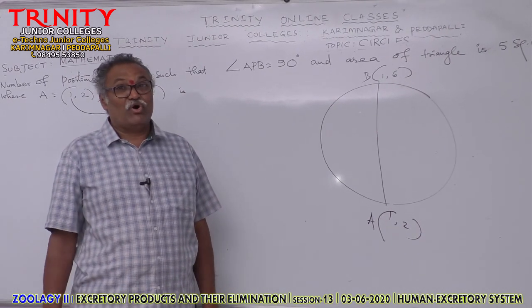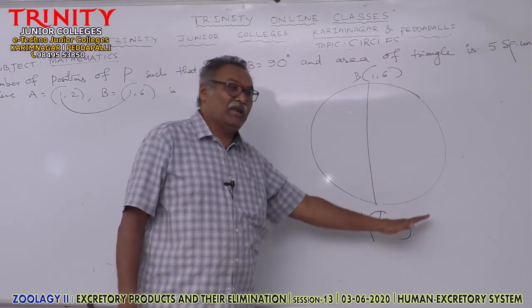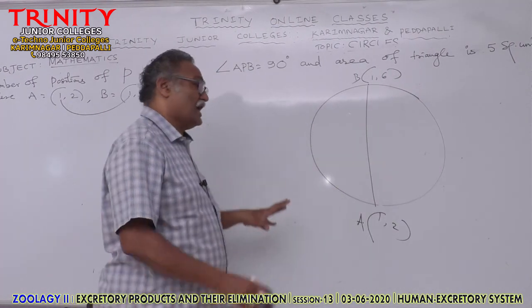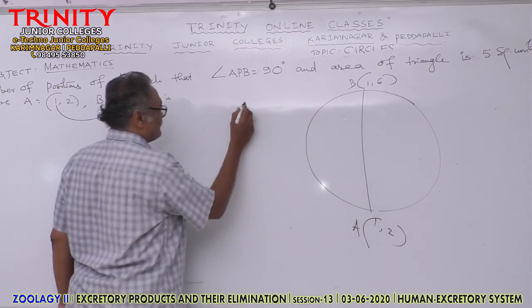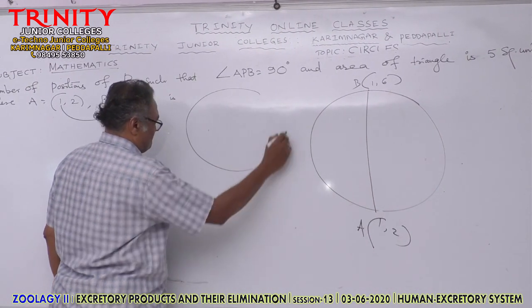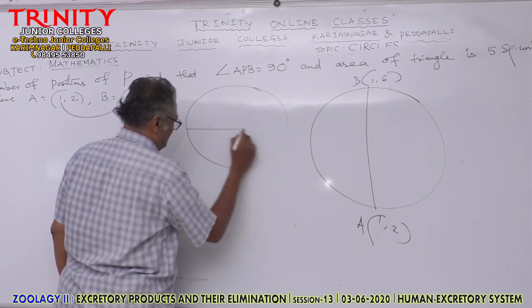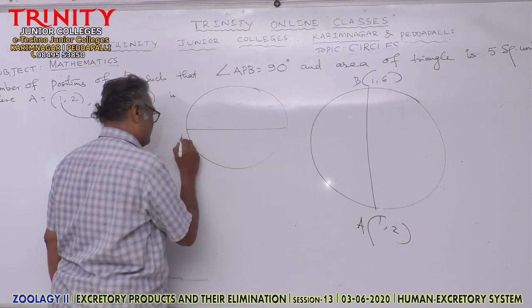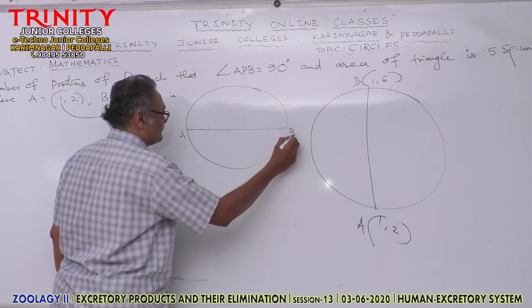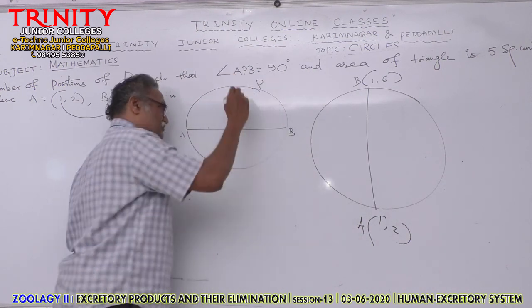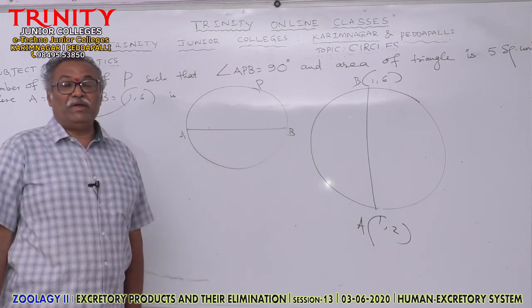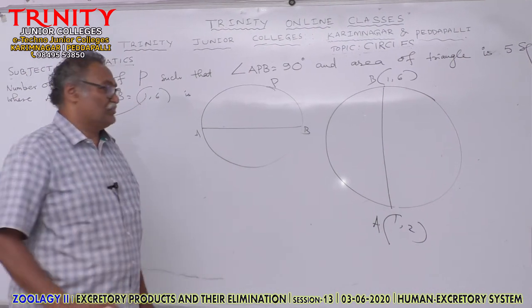Here P lies on the semicircle. To understand the concept, I am taking the figure like this. Suppose the points are A and B. Take the point P here. Angle APB is 90 degrees.